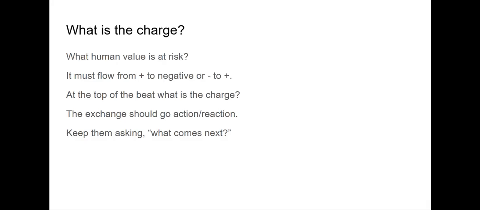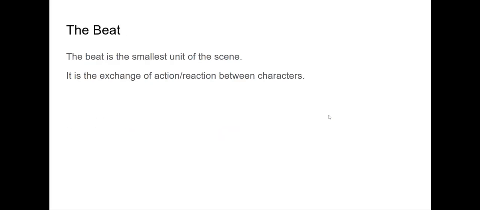Something happens, an event, and then your protagonist reacts to that event. The event can take it from a positive to a negative or a negative to a positive, and then your protagonist reacts in the face of that value going from positive to negative or negative to positive. And that keeps the audience asking, oh my God, what comes next? All right, we went over the beat.